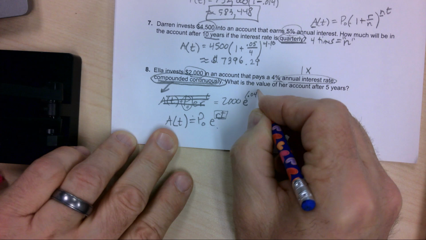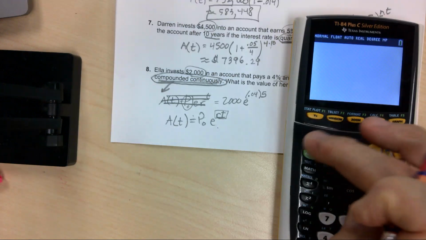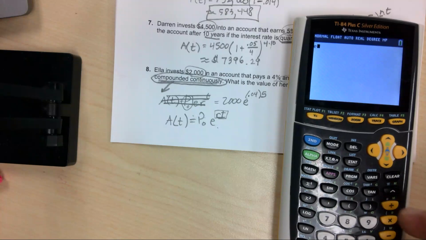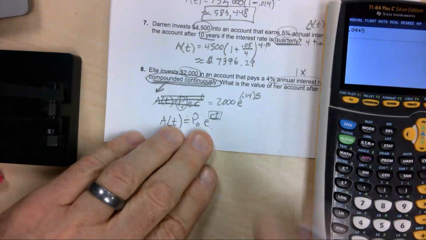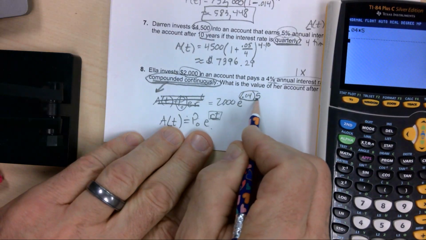Well, don't forget the letter E is 2.71, but we can find it on our calculator right here. So I'm going to go second E. I'm going to raise that. Give me a second. Let me just go 0.04 times 5 to show you where these numbers are coming from. 0.2. So this right here is 0.2.